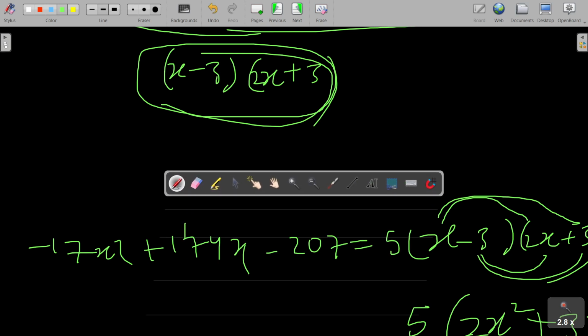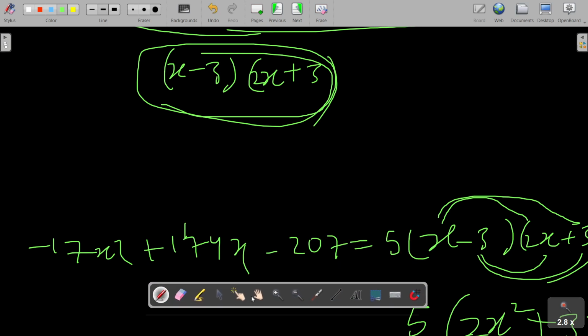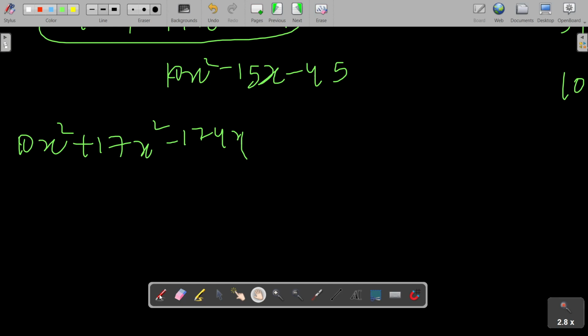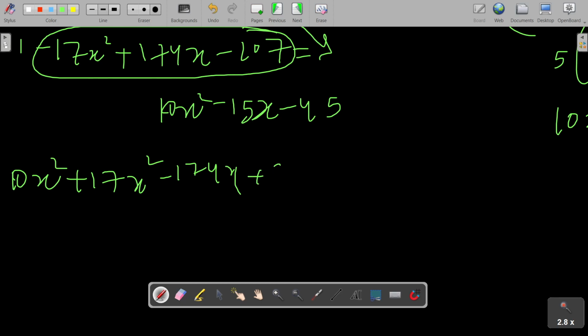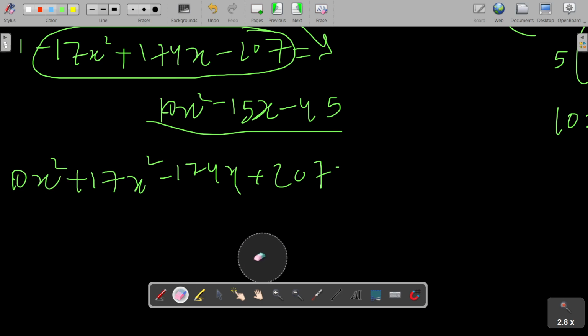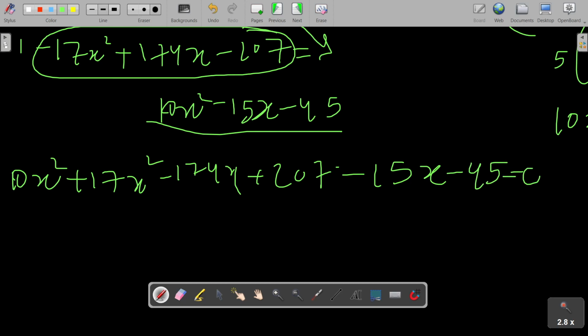Yeah, it is plus 174x, so this becomes minus 174x, and minus 207 becomes plus 207 on the other side of the equation, and this remains the same, negative 15x, minus 45. And on the left side, it becomes 0. So we can write it like this also.